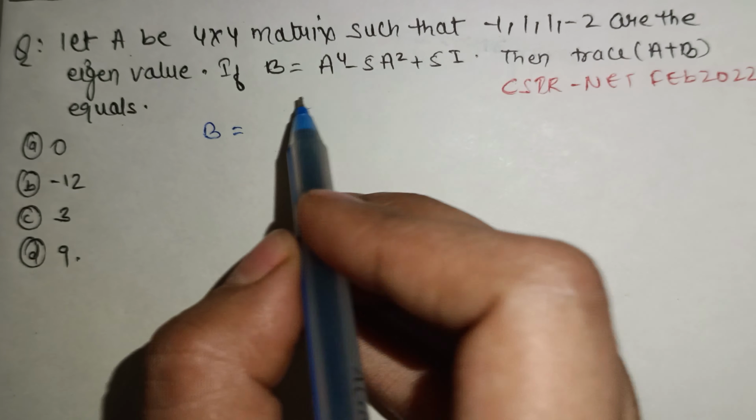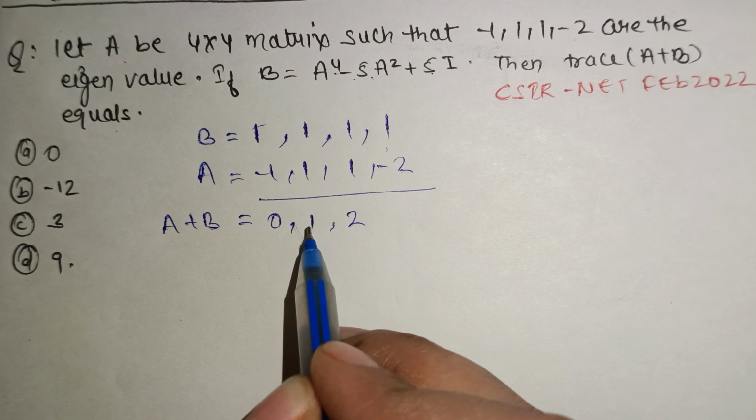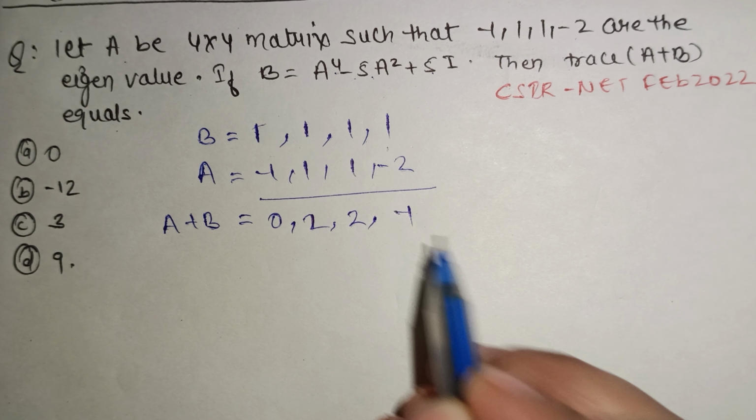So the eigenvalues of A + B are 0, 2, 2, -1.